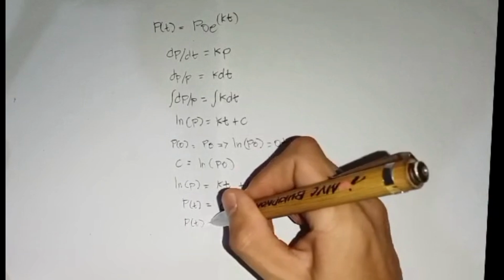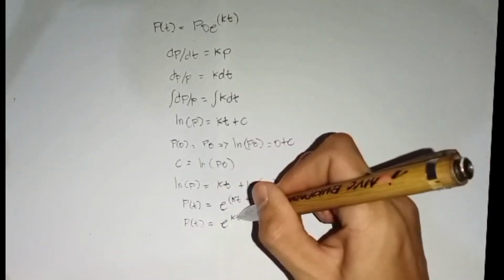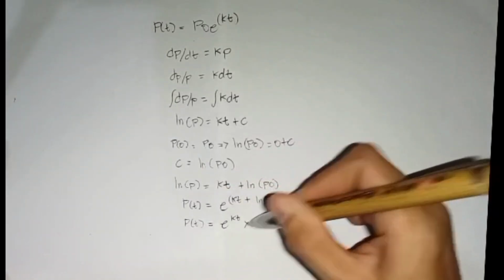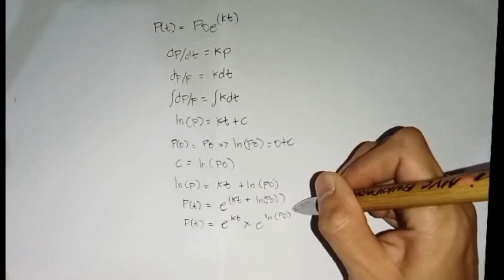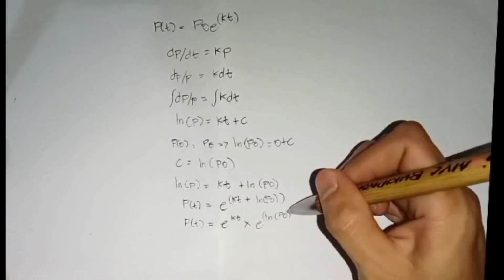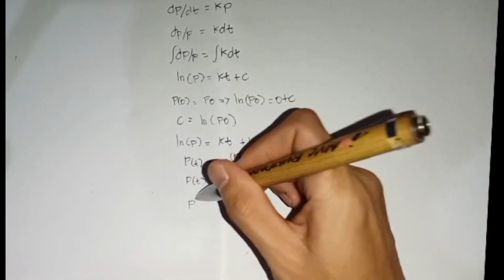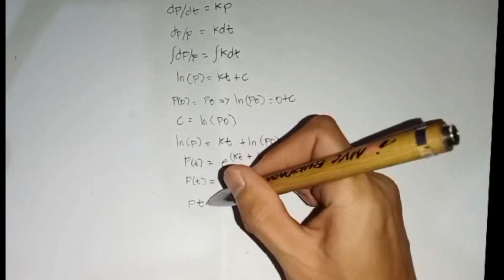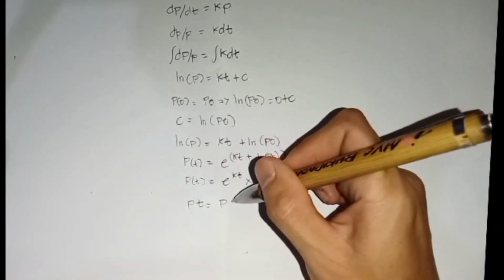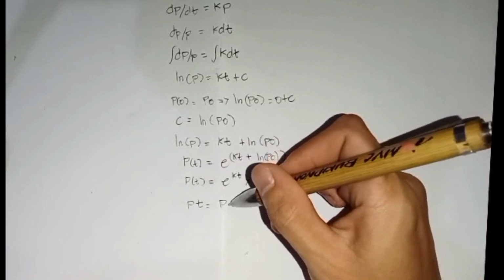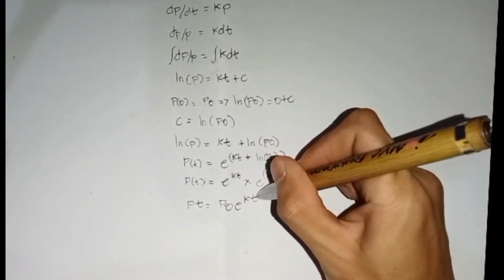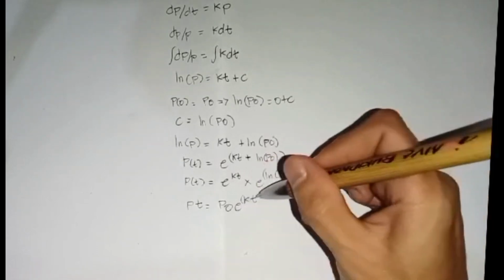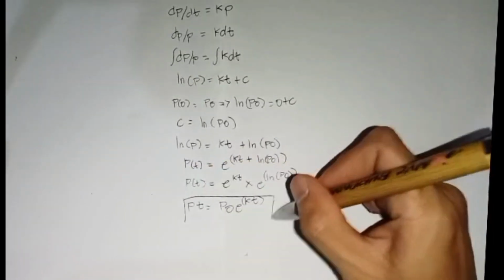So, P of t is equal to e raised to the power of kt times e raised to the power of ln of P0. We are going to simplify. So, P of t is equal to P0 e raised to the power of kt. Now, we have the general equation for exponential growth and decay.